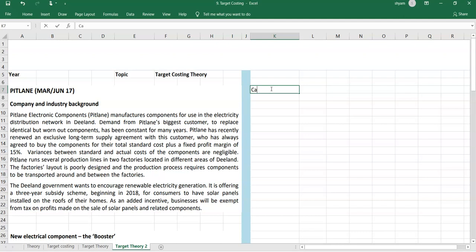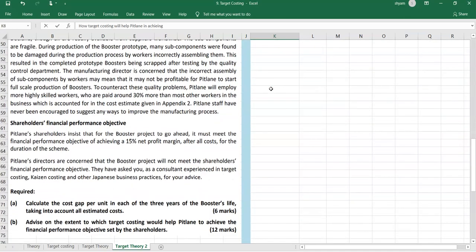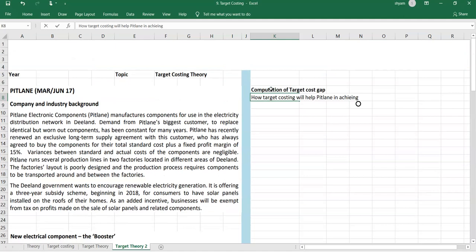One is computation of target cost gap, and the other one is we'll find out how target costing will help Pitlane in achieving financial performance objectives.